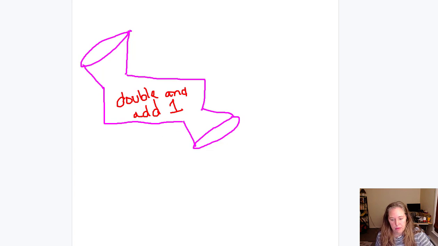So here's our input, or our x, or our independent. Let's put a 2 in there. It's going to get doubled, so the 2 is going to become 4. We're going to add 1. It's going to be 5, and our output is a 5.